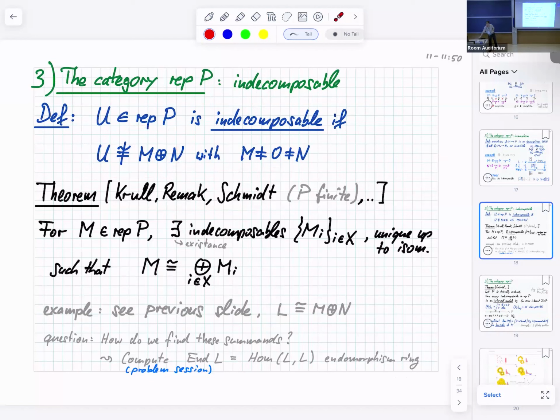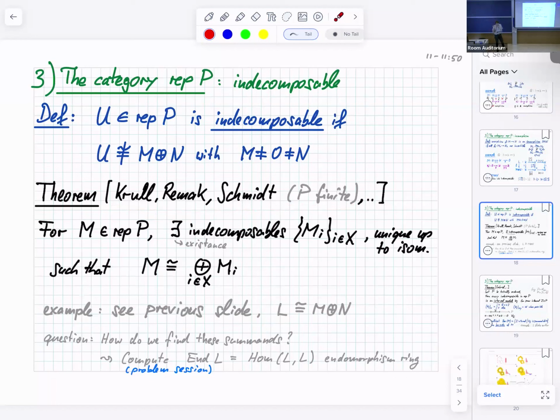And we have the big theorem, which goes back more than 100 years, that in categories of finite dimensional modules, I mean, our representations are locally finite dimensional. They are finite dimensional vector spaces at every point. So in such a category of finite dimensional representations of quivers or of posets, there is a theorem by Krull, Remak, Schmidt for the case where P is finite, and there are other works for infinite posets as well.